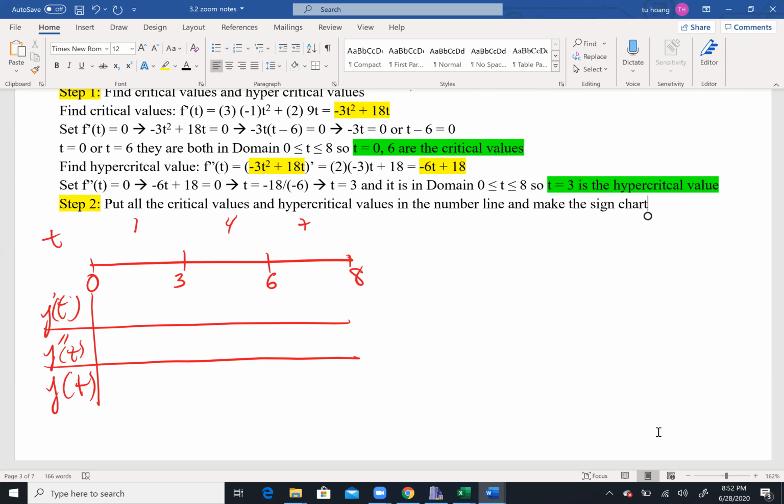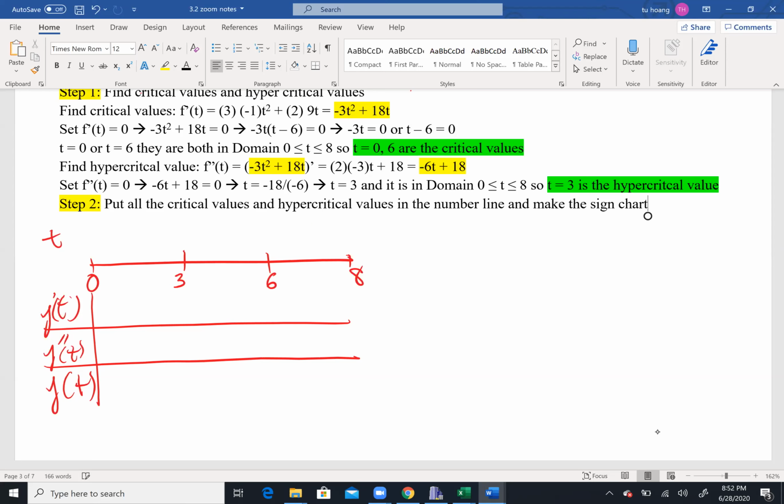Here I did draw ahead already. What I have right now is a sign chart for t that starts from 0 to 8. And we have critical values and hypercritical value. I mean, the critical values are 0 and 6. The hypercritical value is 3. I put all of them down on the number line here. So now I'm going to have how many intervals? 3 intervals, right?